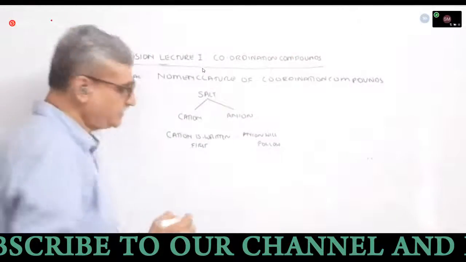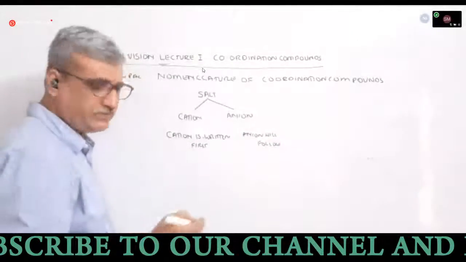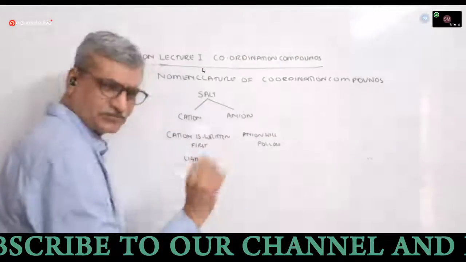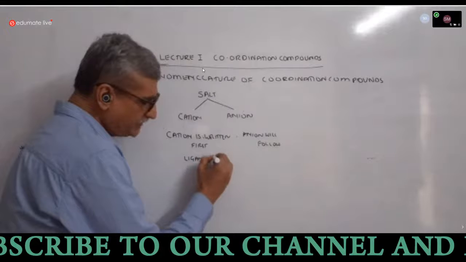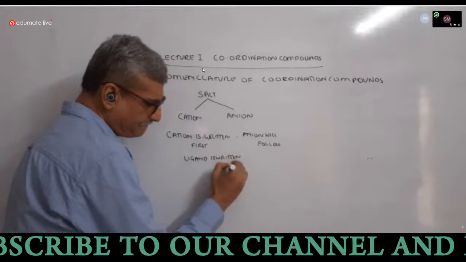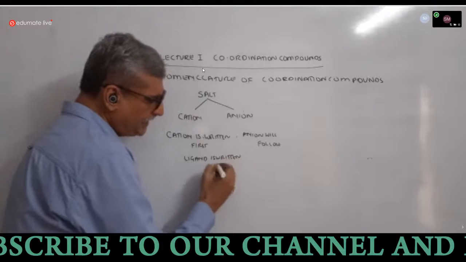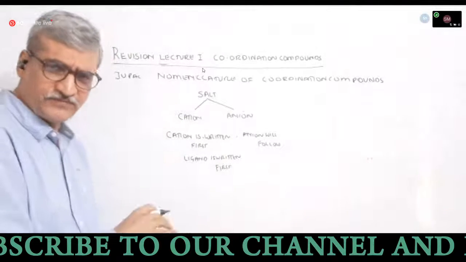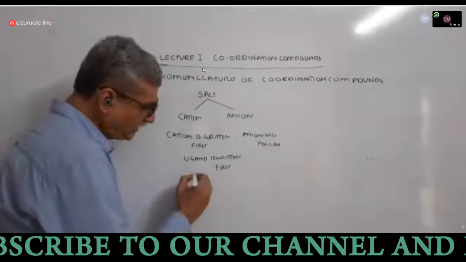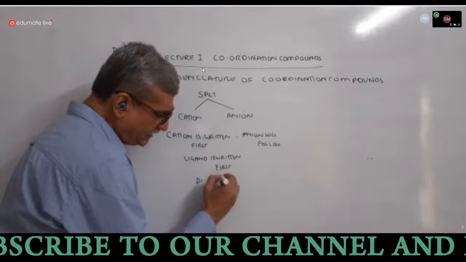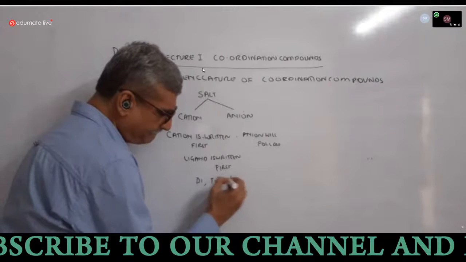So first, you write down the name of the ligands. Ligand naming is simple. If there are the same type of ligands, then you put a multiplier: di, tri, tetra, and so on.